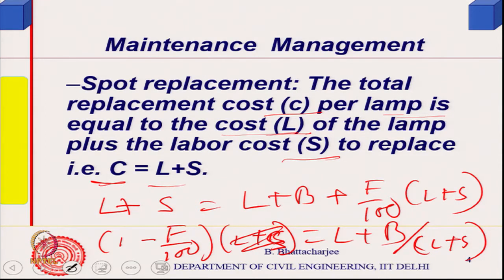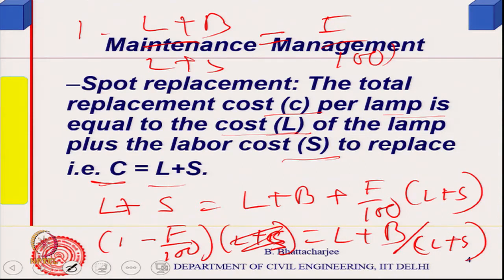So, I can get an expression for f from this. Taking it to the other side, I get 1 minus L plus B divided by L plus S is equal to f by 100. Let me erase this portion and write it somewhere.